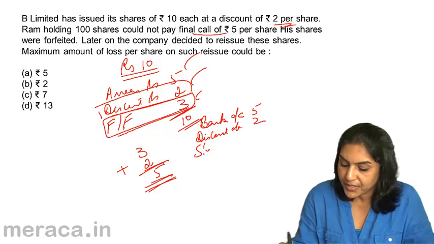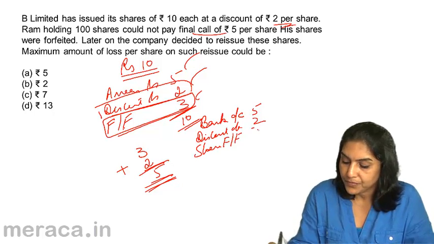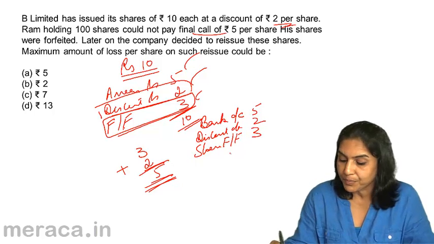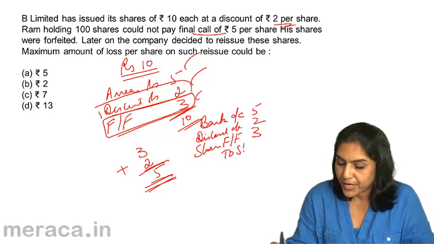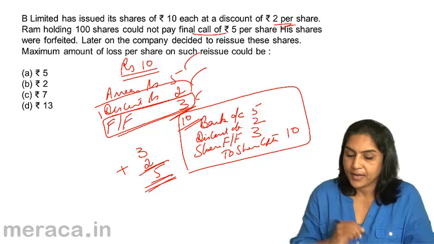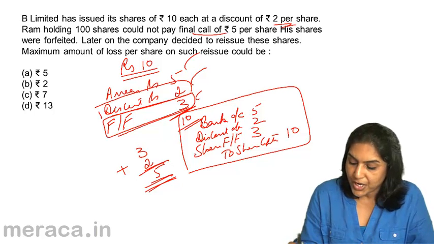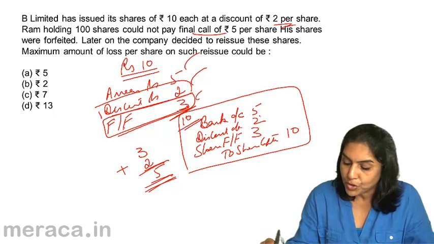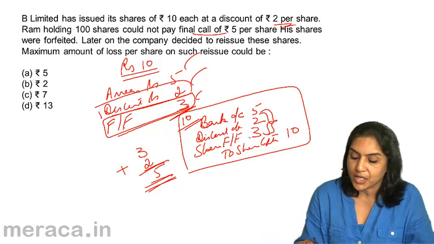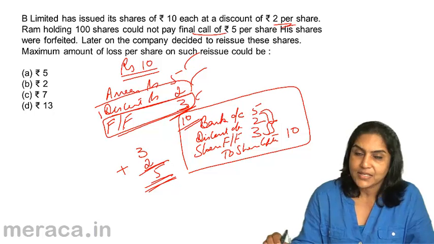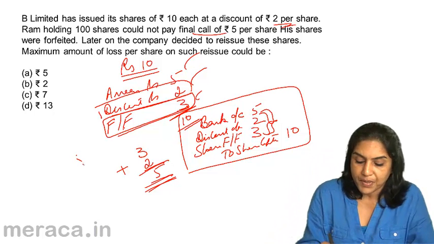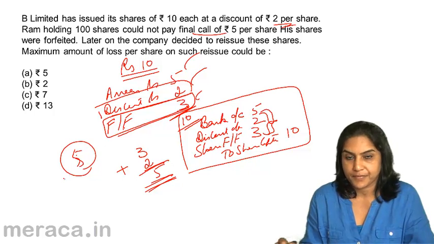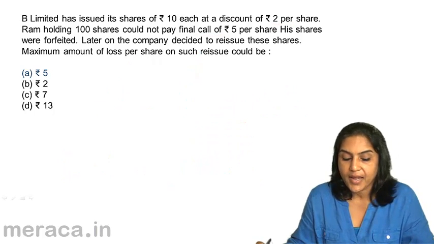So, shares forfeited account would be debited with only 3 rupees to share capital is 10. Therefore, shares forfeited account was credited with 3, it is debited with 3. This would be the maximum amount of loss. Therefore, the total discount which the company can issue could be the 3 plus 2 original discount, rupees 5. Correct answer A, rupees 5.